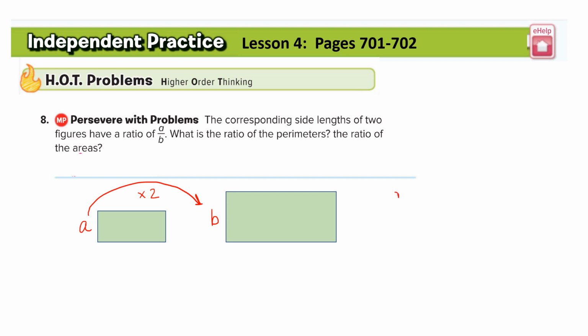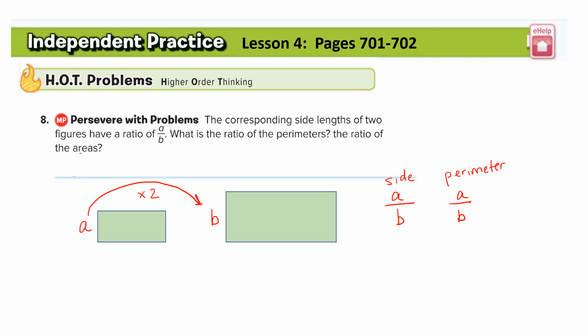So if the ratio is A to B for the sides, for the perimeter the ratio is also going to be the same, A to B, because it was going to be exactly 2 times. So if we increase the side lengths by 2, the perimeter is increased by 2.